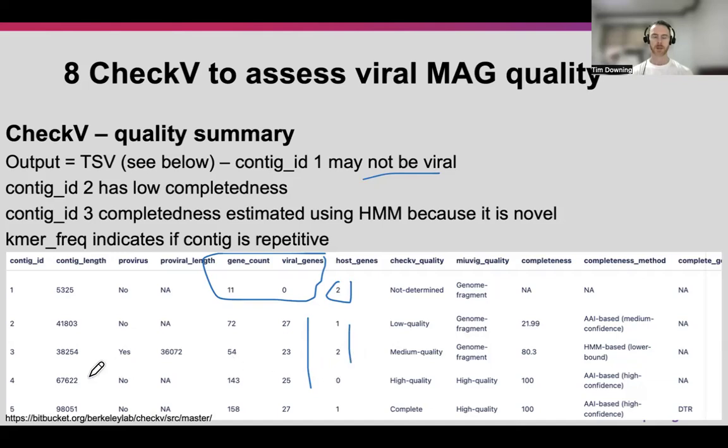You can see some that are quite big with high gene count prediction. There's also a quality score associated with that, and a completeness score as well, based on different models such as average amino acid identity or HMMs for something that's quite diverse.